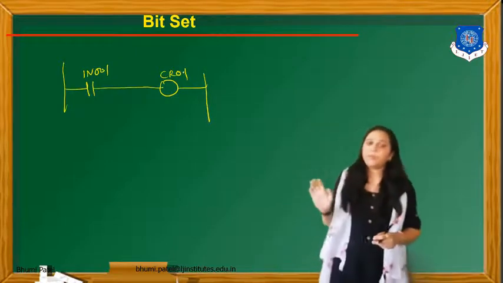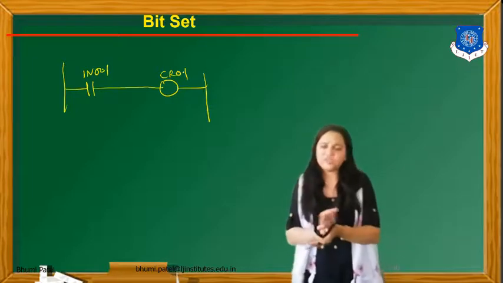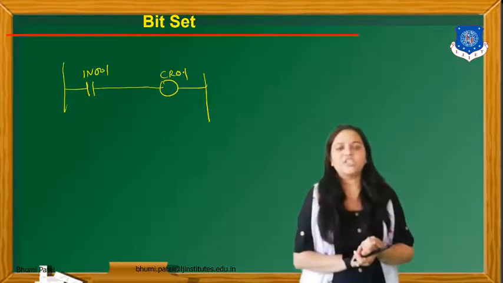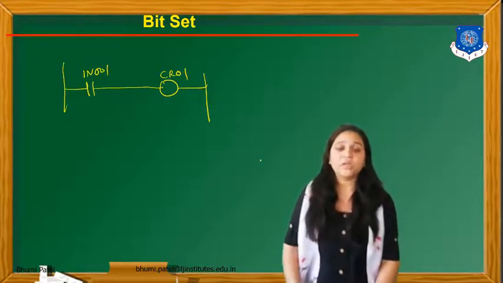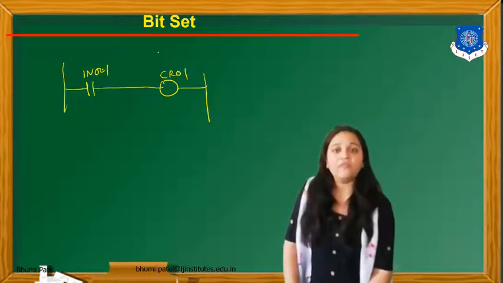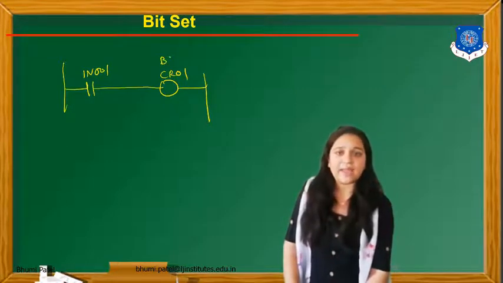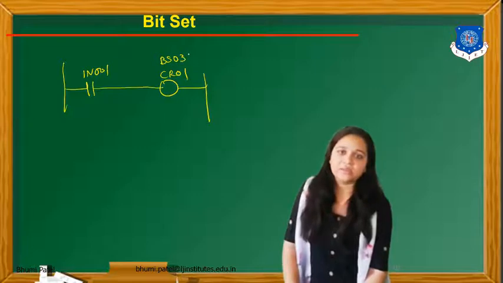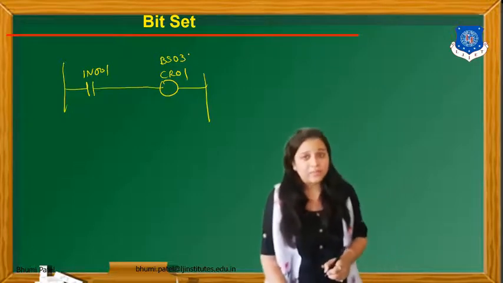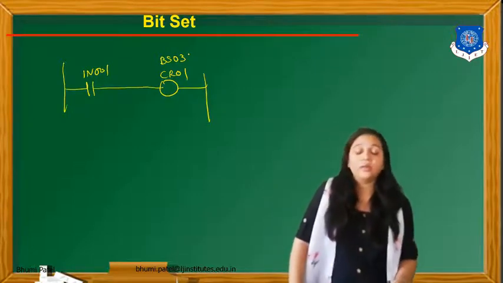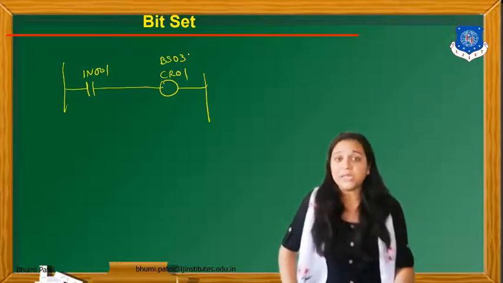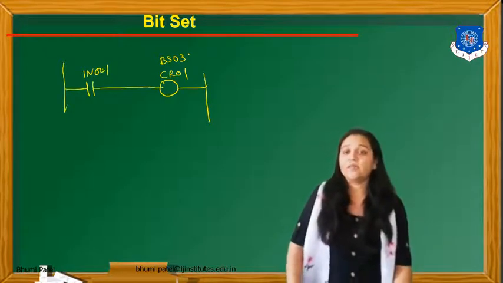This is the simple PLC program. If the input switch is on, the output must be on. Now what is the function of the bit set? Here if we write the instruction like bit set 03, that means it will set bit number 3 to the 1 position.